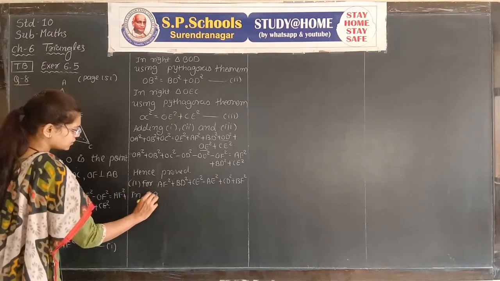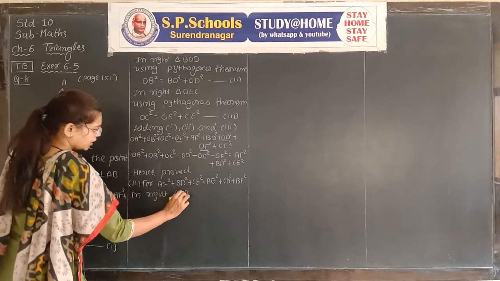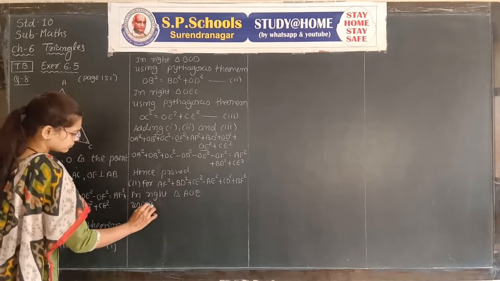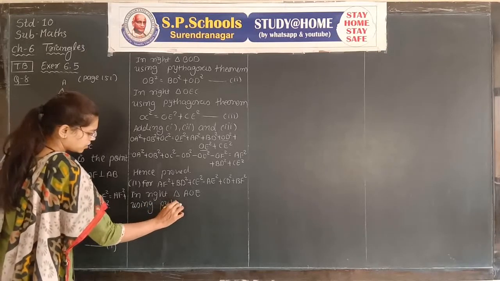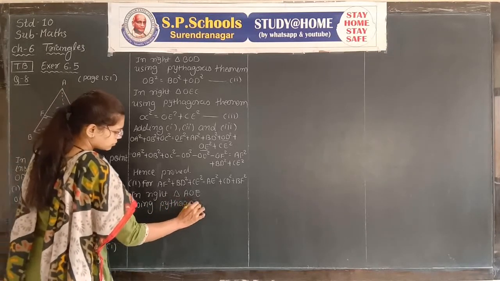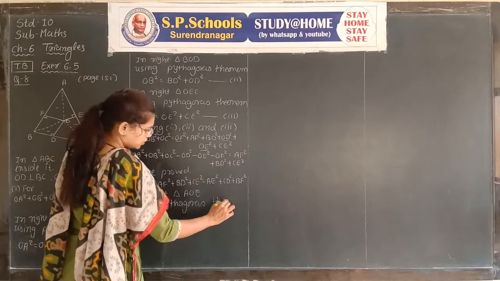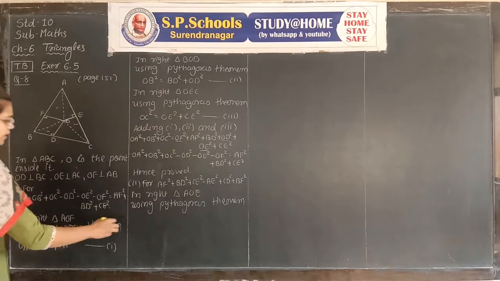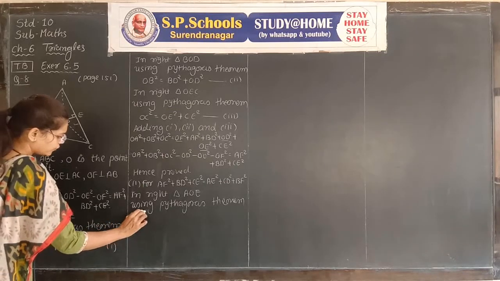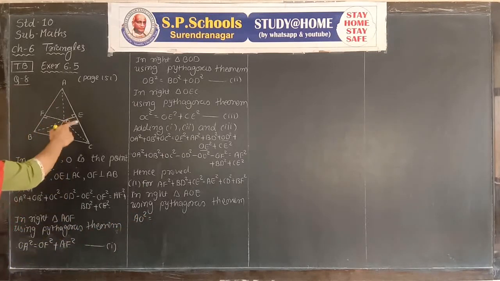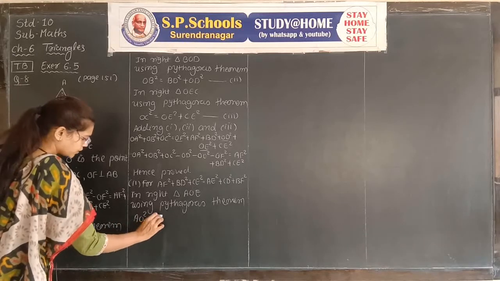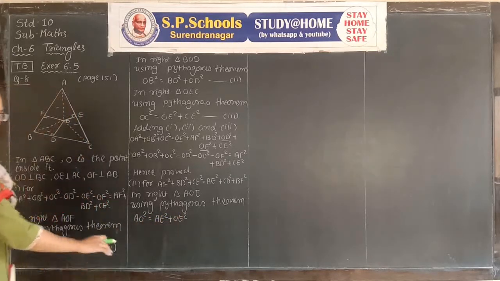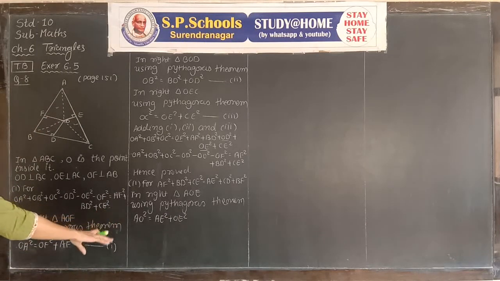In right triangle AOE, using the Pythagoras theorem, the hypotenuse is AO. Square of AO is equal to AE square plus OE square. Right now leave it as it is.